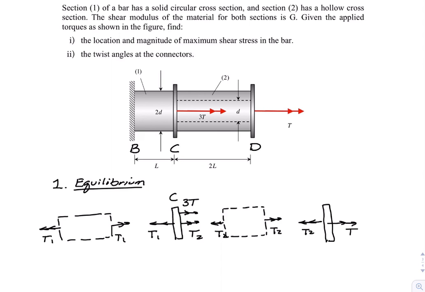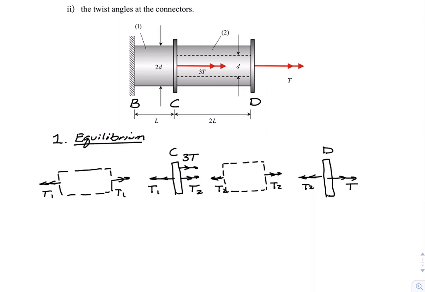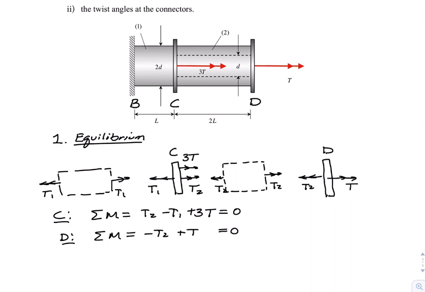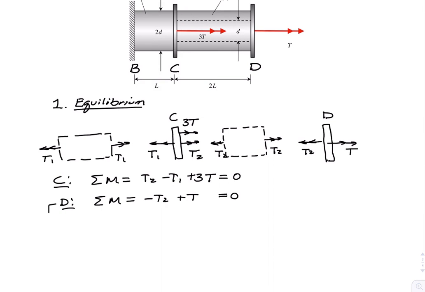So if this is C and this is D, for equilibrium we have for connector C, when we do our moment equation, we get T2 minus T1 plus 3T, and for equilibrium that is 0. For connector D, when I do my moment calculations, I get minus T2 plus T is equal to 0. The great thing about this, the problem is determinate.